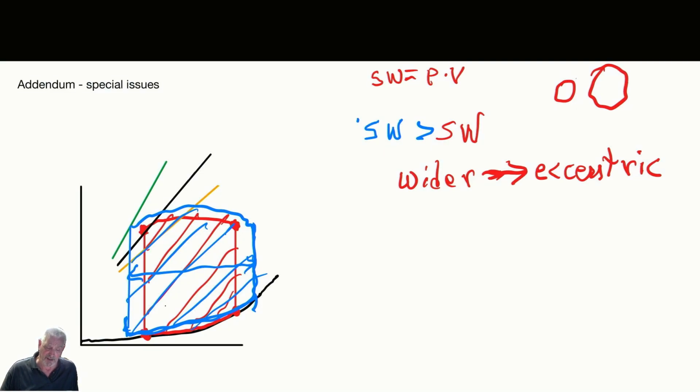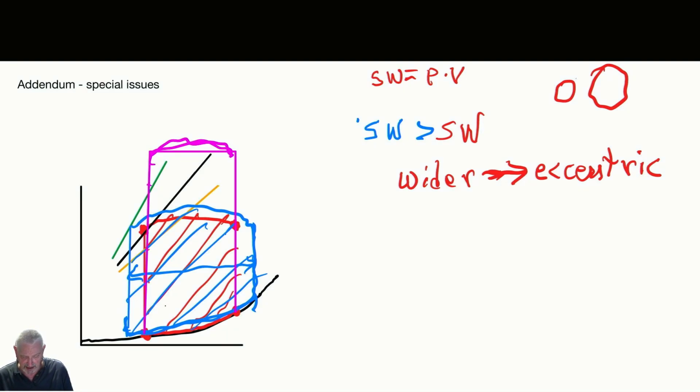bigger than that. The other kind of thing that can happen to the ventricle is that instead of the area getting bigger because it got wider, the area can get bigger because it got taller. Okay, and I'll put a little thing here.